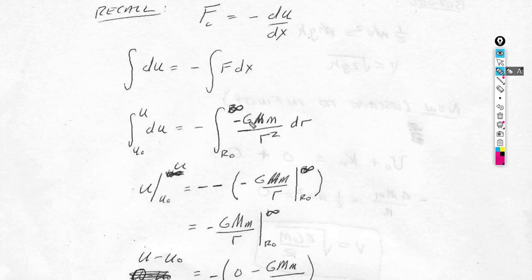That equals negative G M m over r squared dr. When you integrate that, you get negative G M m over r, and then two negatives out here, because you pick up another negative. So then you've got three negatives here. You go ahead and take that to infinity, and you're going to end up with this.